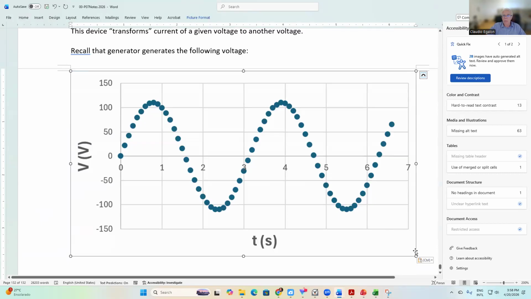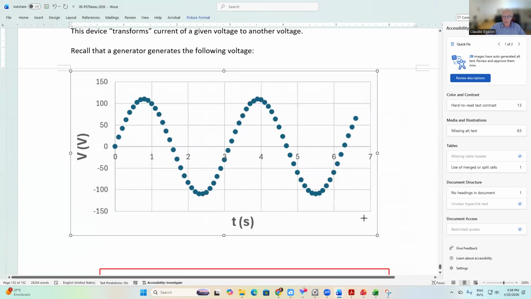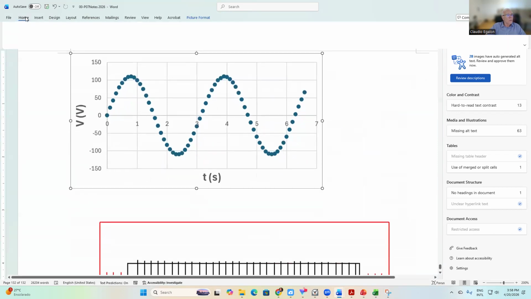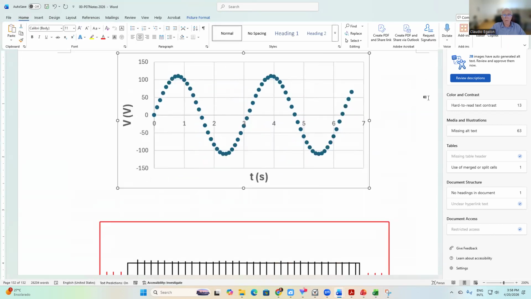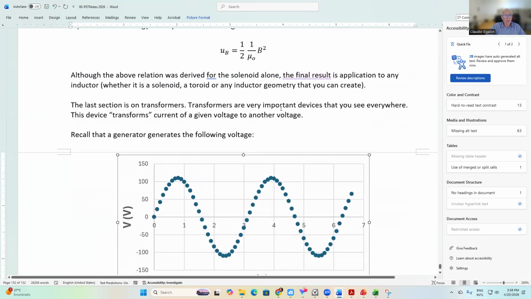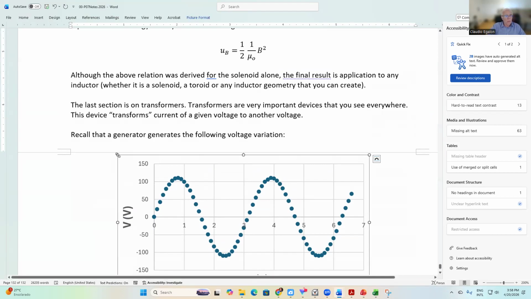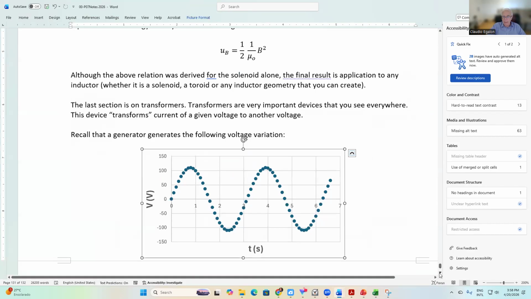A generator generates the following voltage variation.